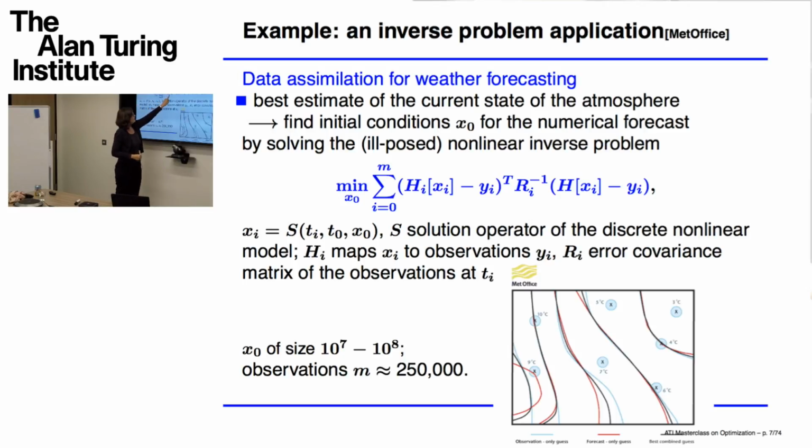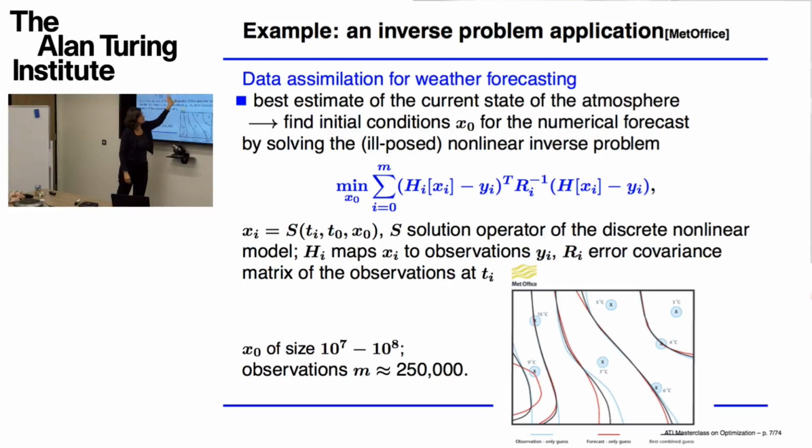And at each time step you have a different state of the atmosphere, but you know how it connects to the initial condition, essentially. And so essentially you solve this inverse problem, or think of it as a data fitting problem, but it's of a huge scale.